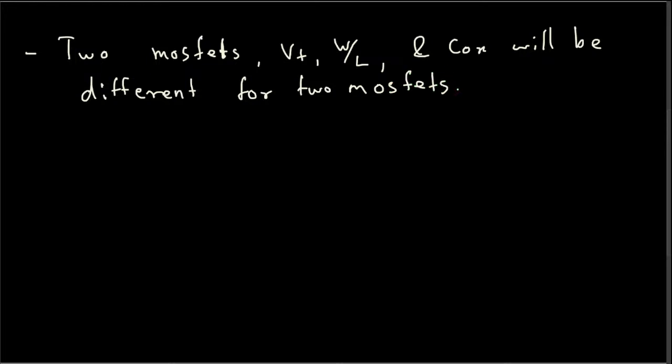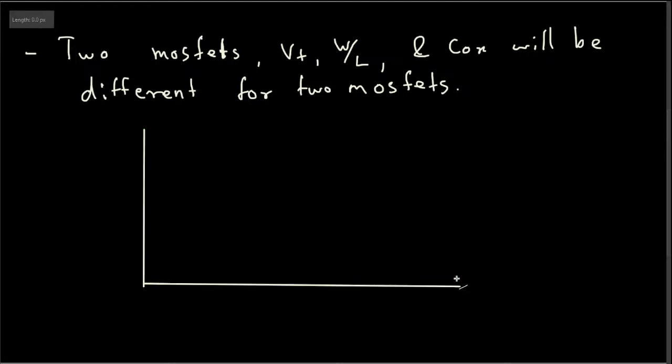So the graph is going to look like this. If you draw a graph in terms of ID and VGS, we may end up having a graph like this.